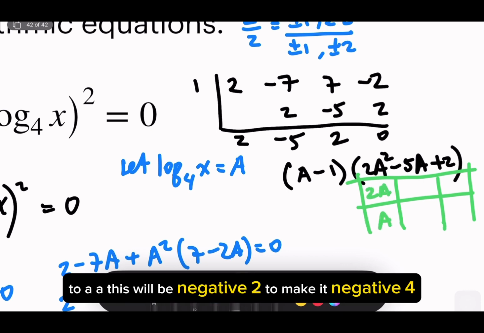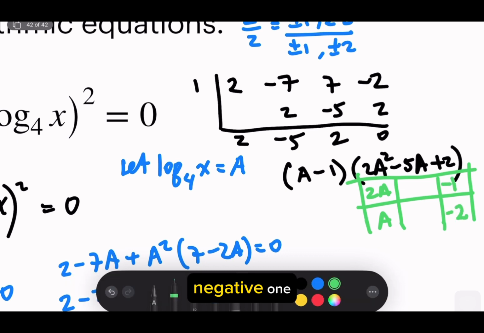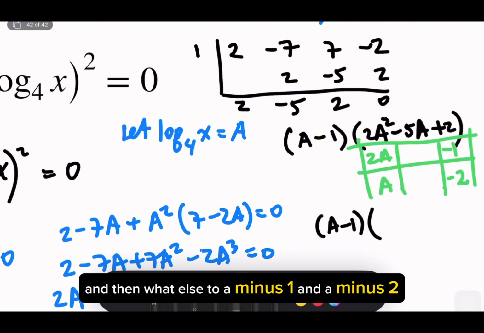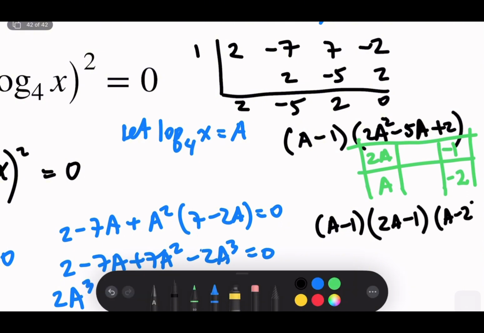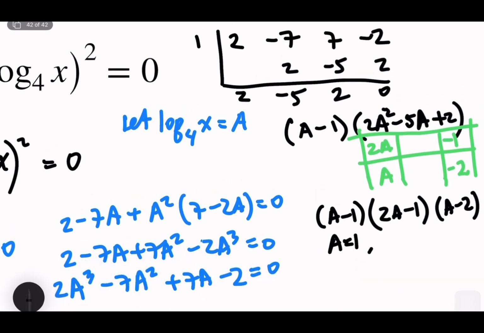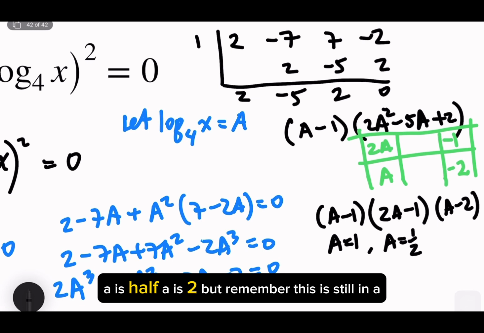A, this will be negative 2 to make it negative 4, negative 1. So a minus 1, and then 2a minus 1 and a minus 2. So we have a is 1, a is half, a is 2.